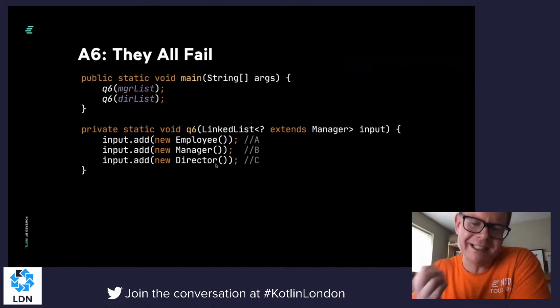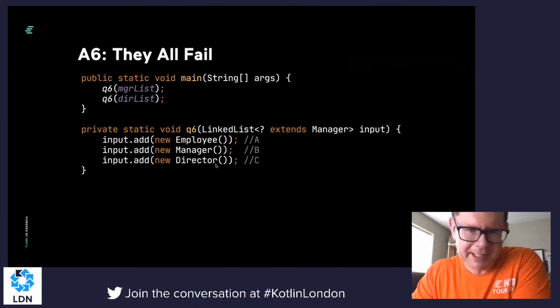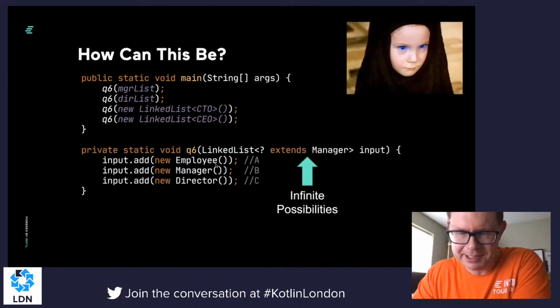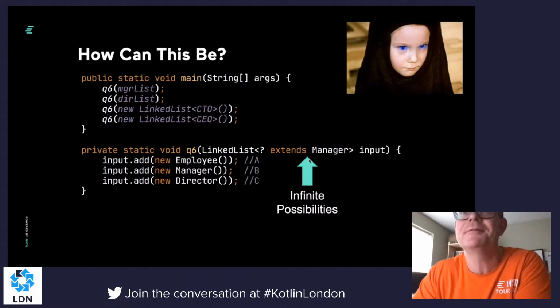And this was the really big thing that stumped me whenever I was personally learning generics. It wasn't until I read a tutorial where they said, look, the set of possible values for T here is actually infinite. In other words, if I wanted to, I could devote the rest of my life to creating classes which extend from manager or director. Wouldn't be a particularly good life, but I could do it, okay?